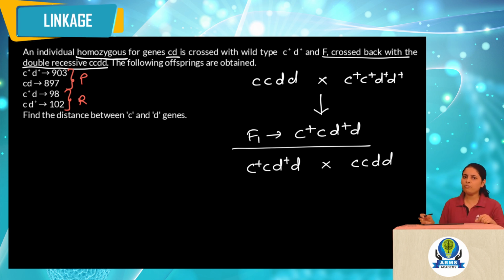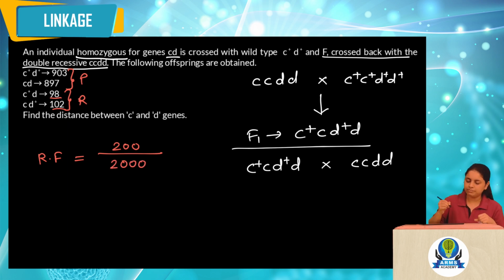Now apply the formula. What is the formula? Recombination frequency is equal to number of recombinants. What are the number of recombinants? 98 plus 102, that is 200, divided by total number of offsprings. What will be the total number of offsprings? 903 plus 897 plus 98 plus 102, that is 2000, right?